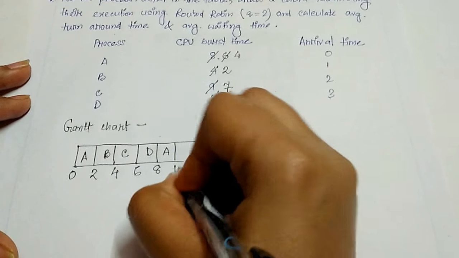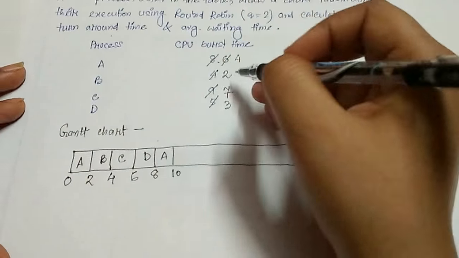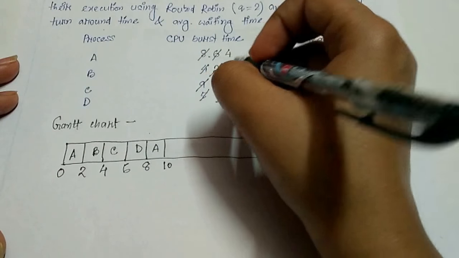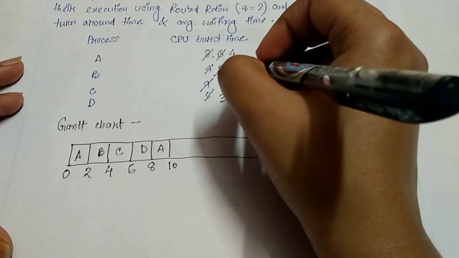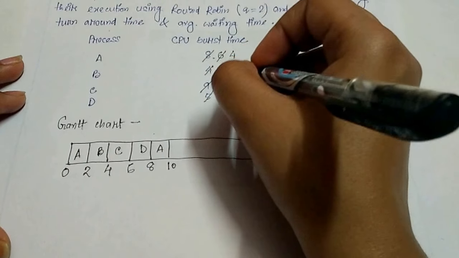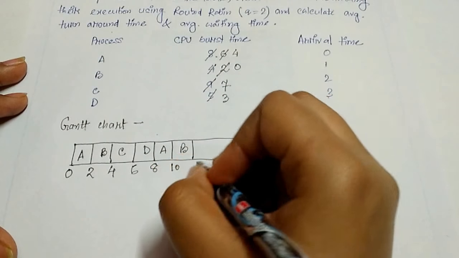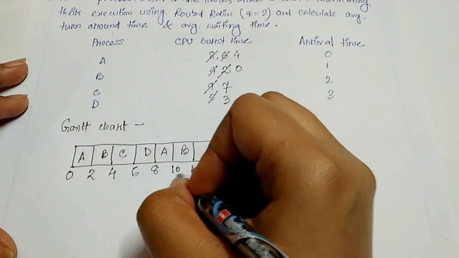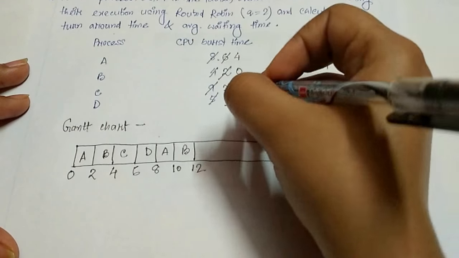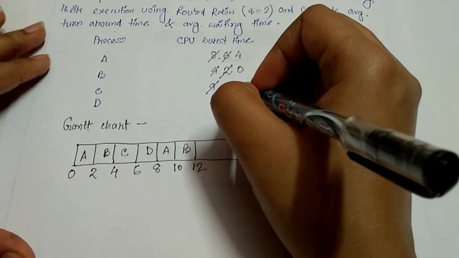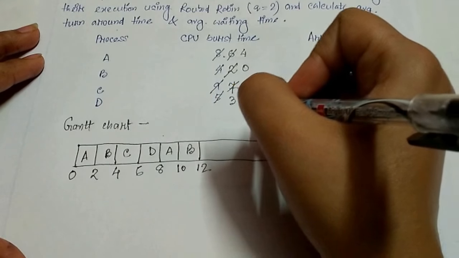Eight plus 2 equals 10. Then comes process B. If we take 2, nothing remains, that is 0. B finishes, 10 plus 2 is 12. Then comes C. If we take 2 from 7, 5 will remain.